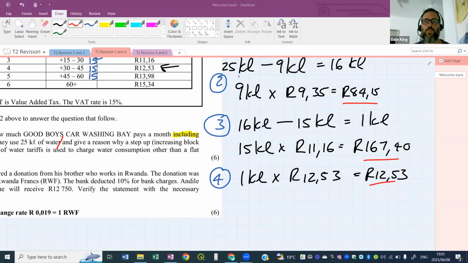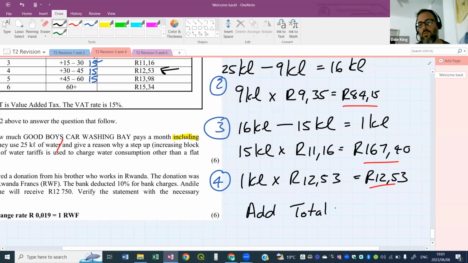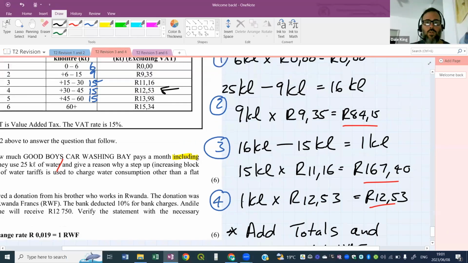What I'm going to do is I'm going to just write here, add totals, and then add VAT. I'm going to write that as another instruction. And then I'm going to zoom out.